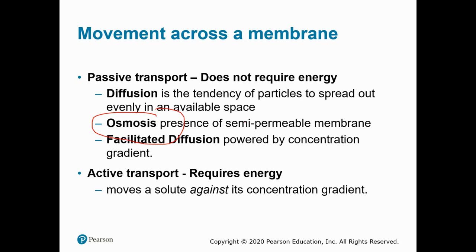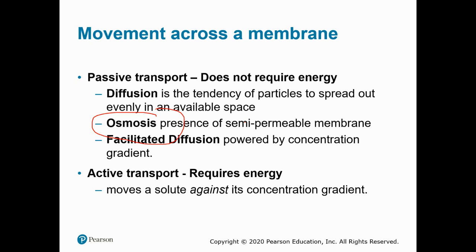Osmosis is diffusion with a handicap. It's diffusion in the presence of a barrier. It's diffusion in a cell. Because that barrier, that semi-permeable membrane that we talk about, it's the plasma membrane.